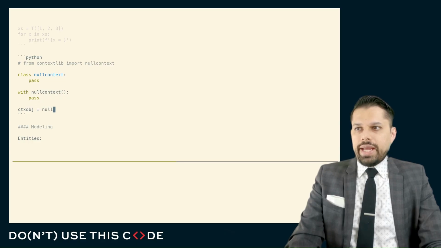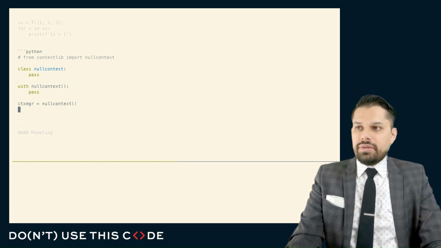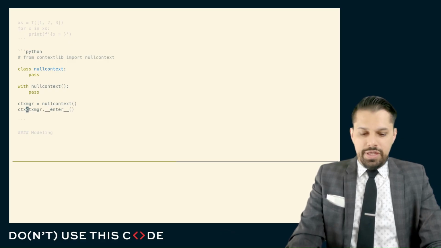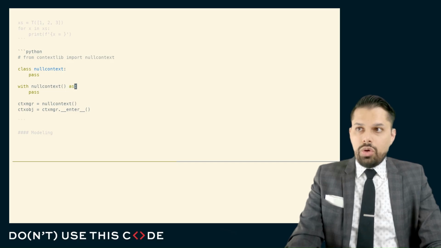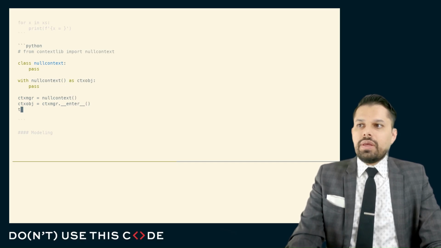We're going to create a context object here. Actually, we'll create a context manager first, and then we'll call on this context manager, enter. This will give us our context object, which is what you get when you do the as binding here.